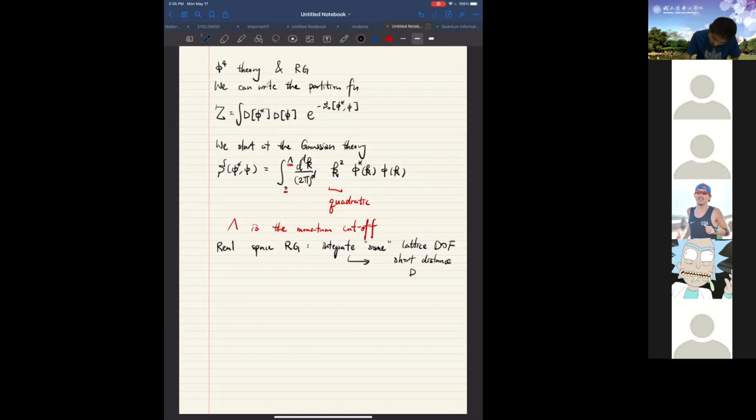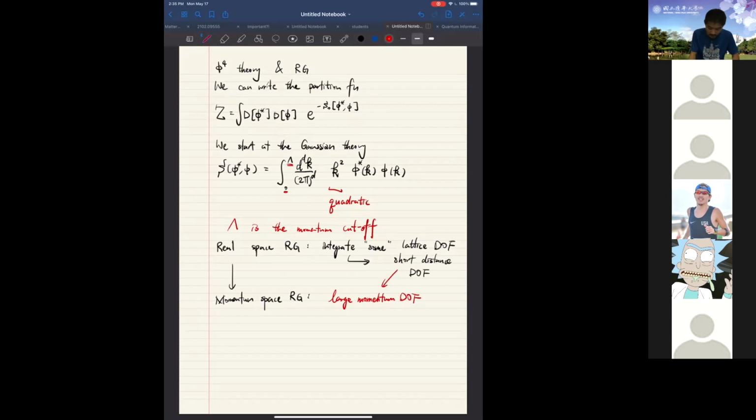If you want to do the momentum space RG, the short wavelengths will correspond to large momentum degrees of freedom, which we need to integrate out.